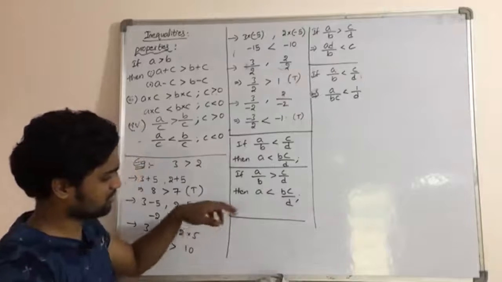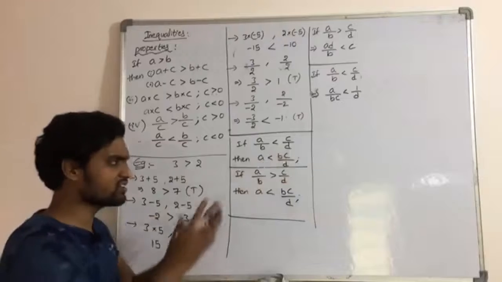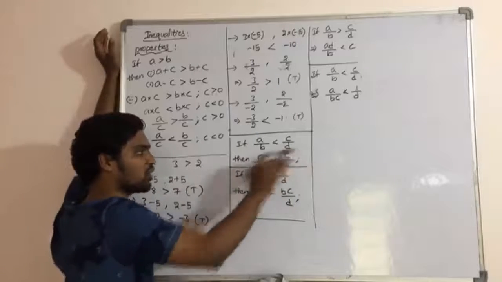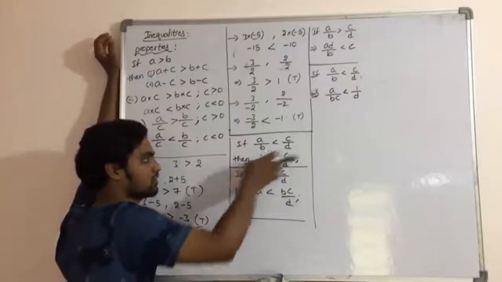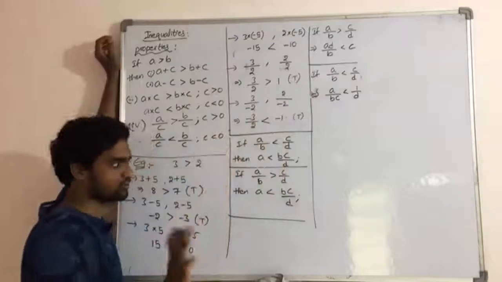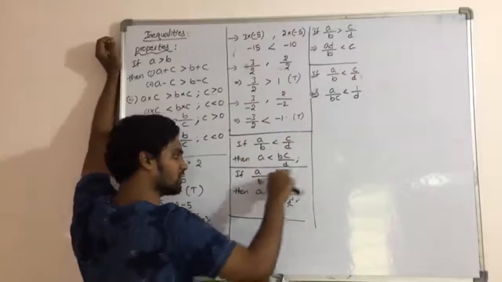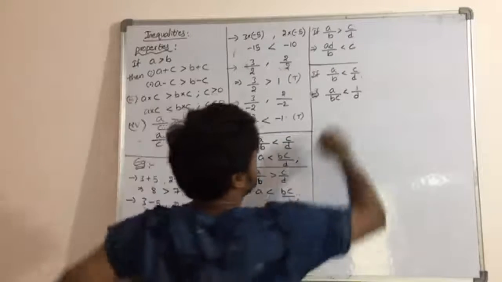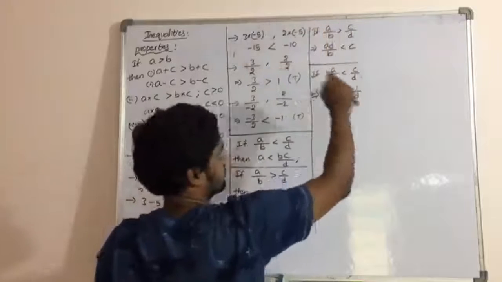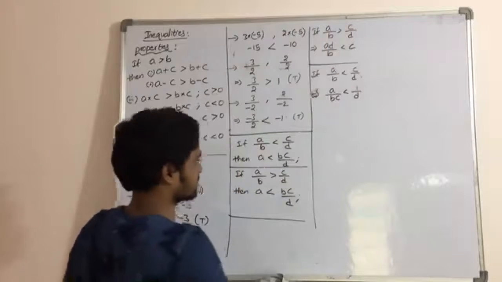Yes. So what have we done here? What do you usually say this? Cross multiplication. Okay, so this is the cross multiplication. See the directions.